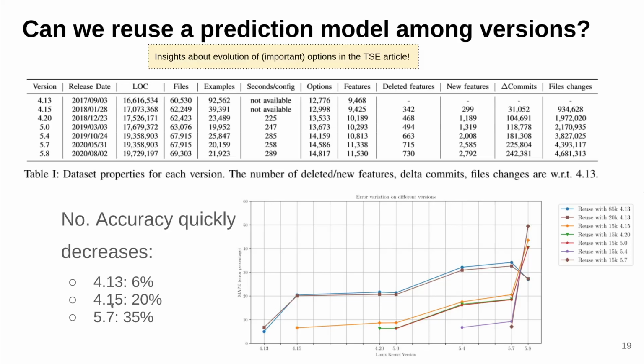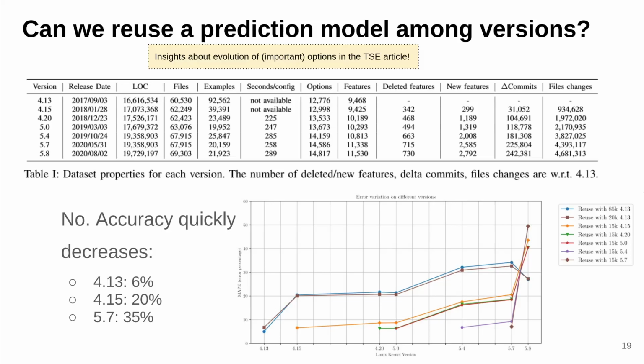4.15 is the Spectre Meltdown version, but still it's the same for the other versions, and the increase is quite spectacular. So basically, we cannot reuse a prediction model. So should we put it in the trash?